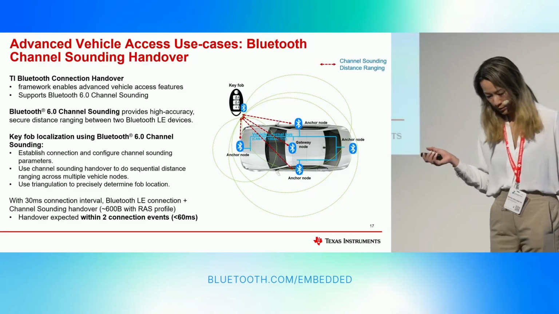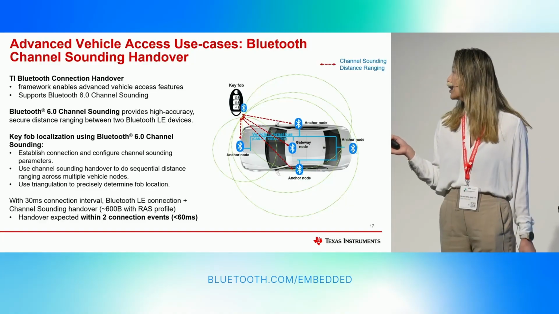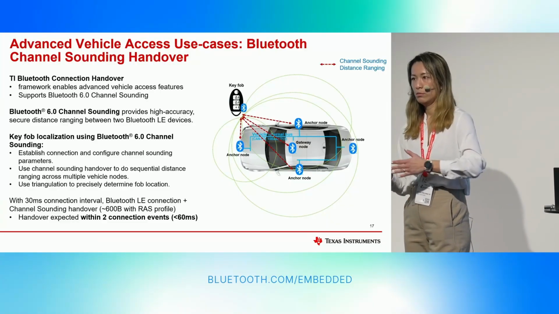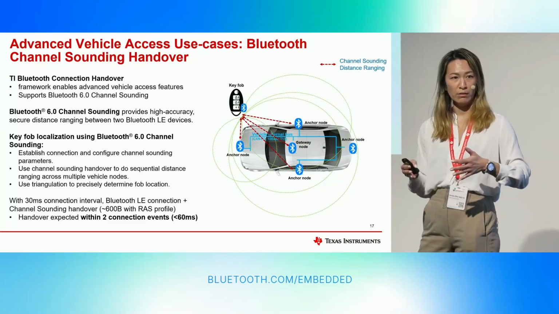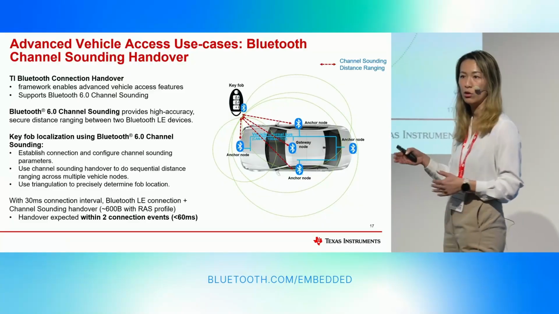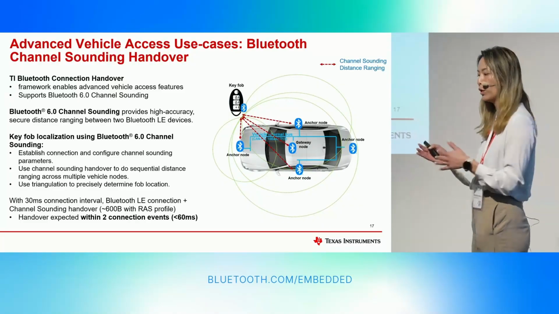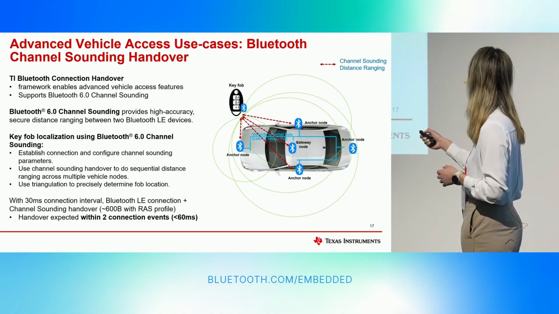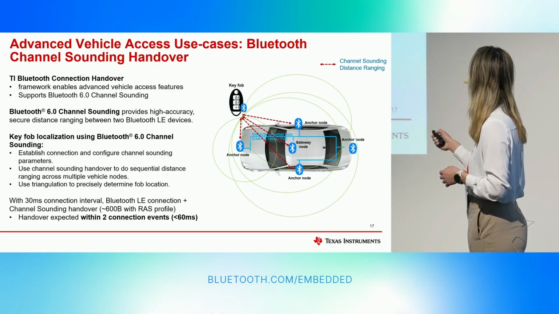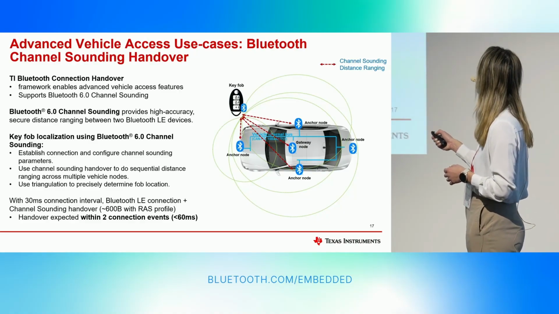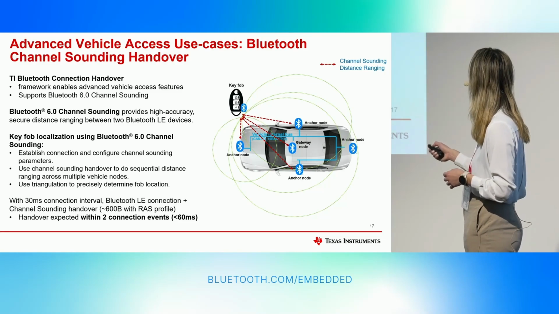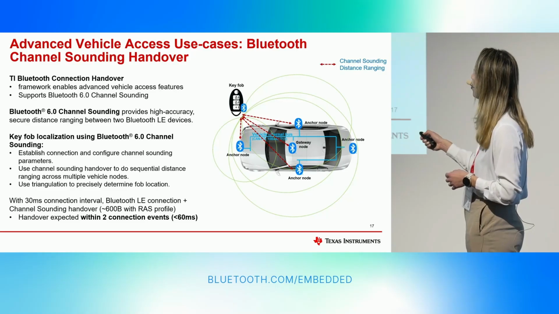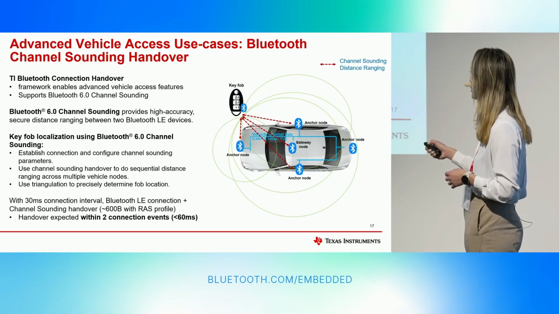Yeah, so we're close to the finish. So again, during the overall presentation, we talked about how we are also doing channel sounding, so you can combine the connection handover together with channel sounding as well. For example, if you connected to this one first, this one does channel sounding, and the rest gather the RSSI information, then you hand over to this one, while this one becomes the RSSI monitor, and this one does channel sounding.